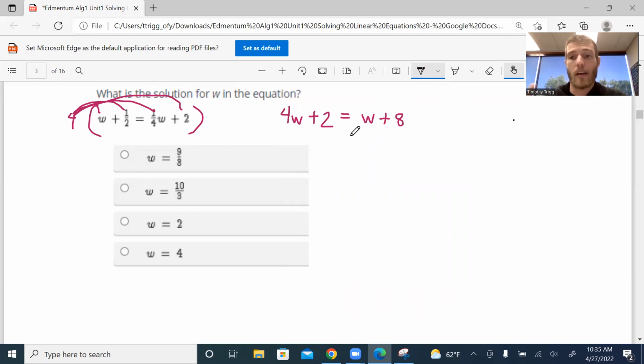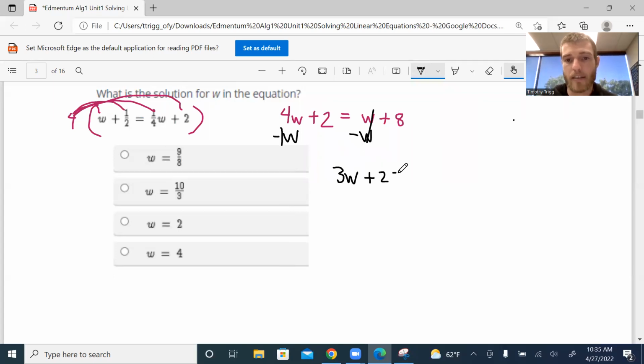Now we have W's on both sides of the equation. We don't like that. We're going to subtract W over here and subtract W over here. When you subtract W, like 4W minus W, you can think of this as 1W. So 4W minus 1W is 3W. Don't cancel the W's and say that it's just 3 or something.